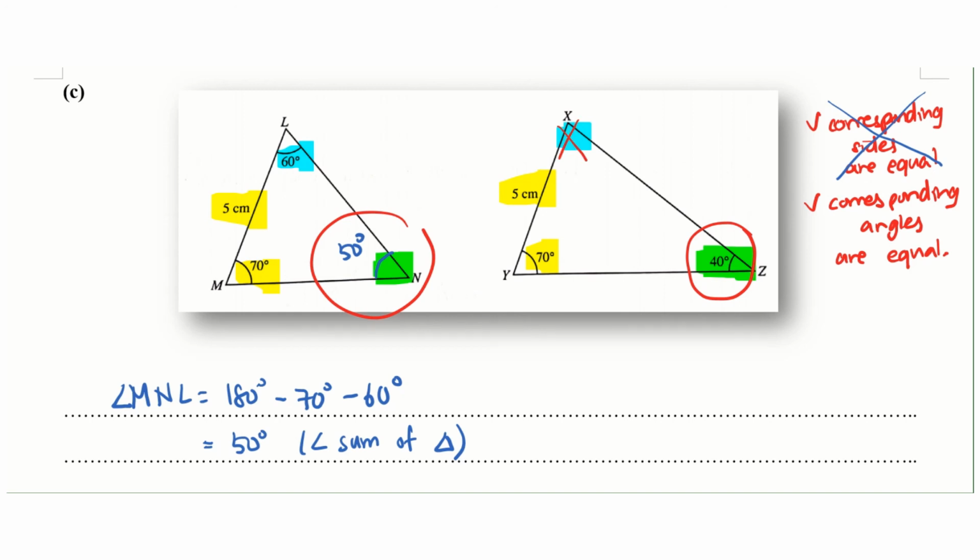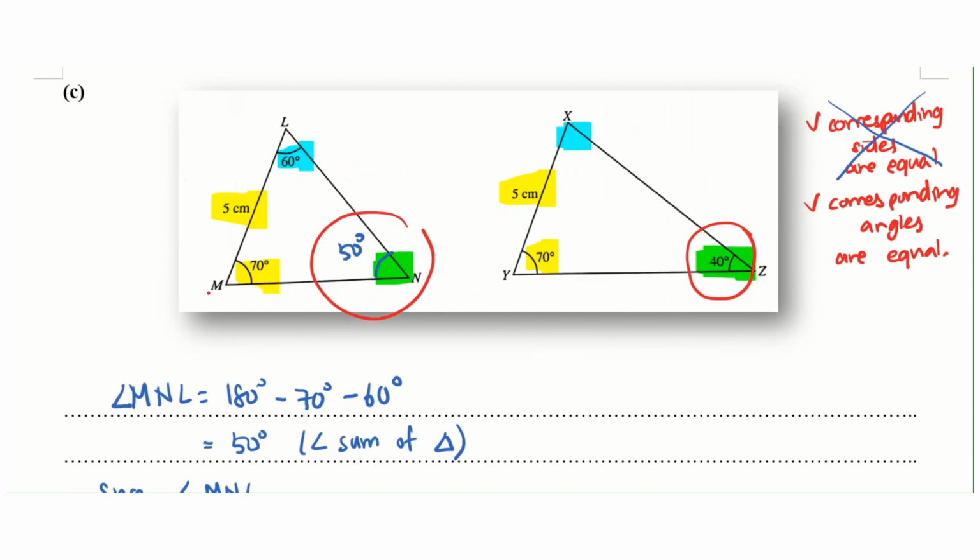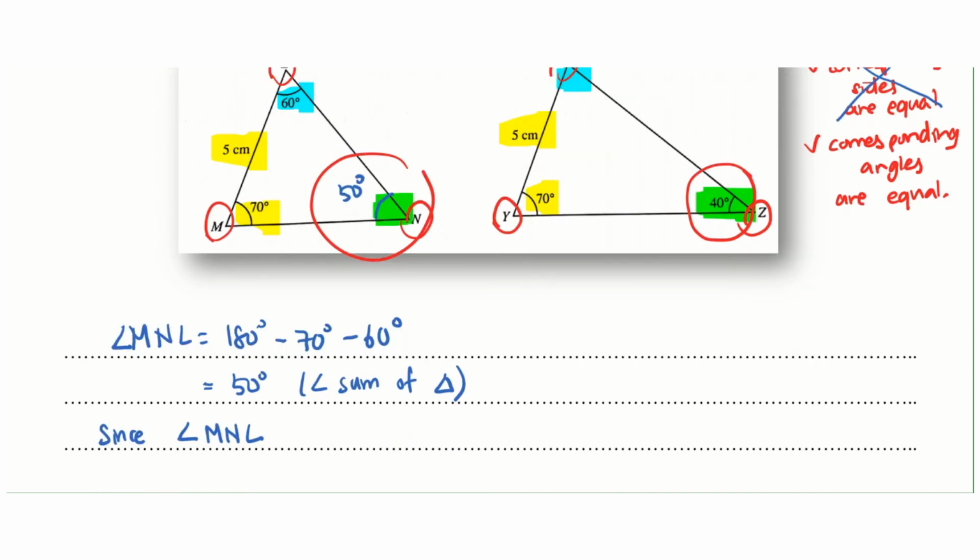I can just go on to conclude that since angle MNL, take note of the sequence that I'm writing it, so I must match it accordingly, angle YZX, MNL does not equal angle YZX, because one is 50 degrees, the other one is 40 degrees.